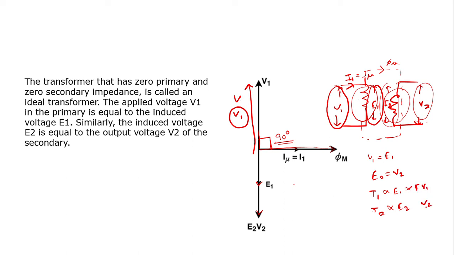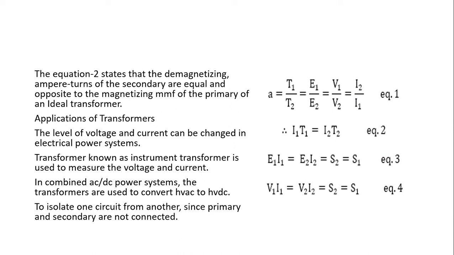So from this phasor we come to a conclusion of a transformation ratio, which is not only applicable to ideal transformers, it is also applicable to non-ideal transformers too. So this is the transformation ratio, where A is represented as the transformation ratio, T1 is the number of turns in the primary side, T2 is the number of turns in the secondary side.